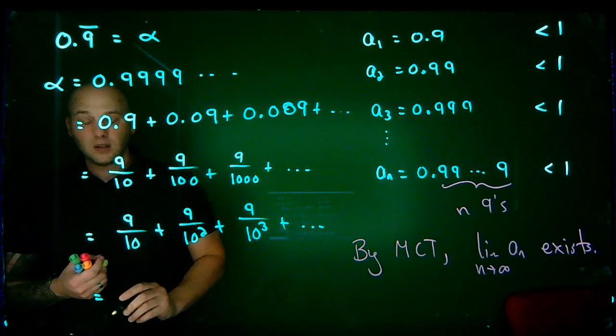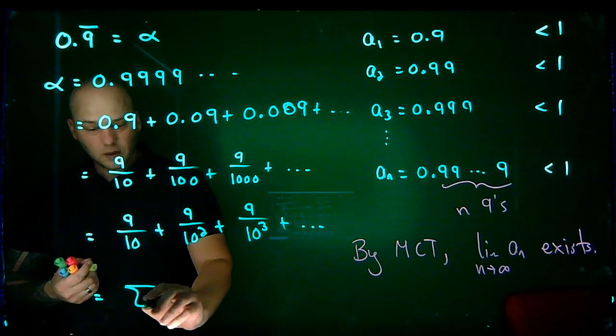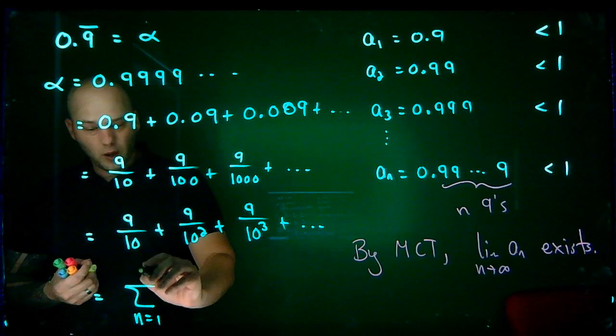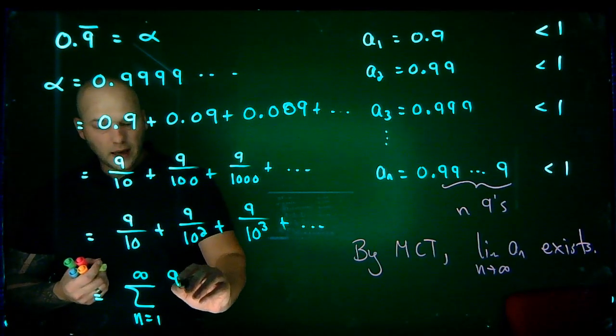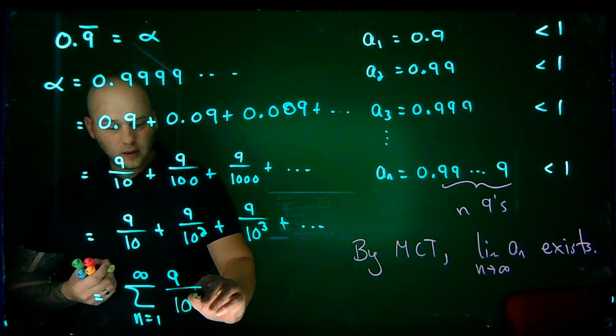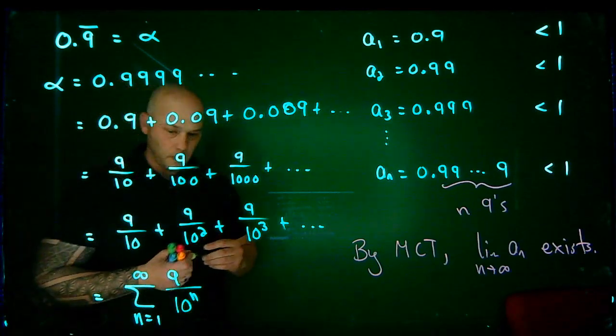Well, this then is an infinite series. The sum from n equals 1 to infinity of 9 over 10 to the n, okay?